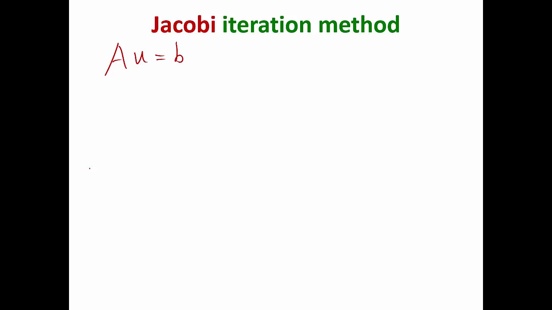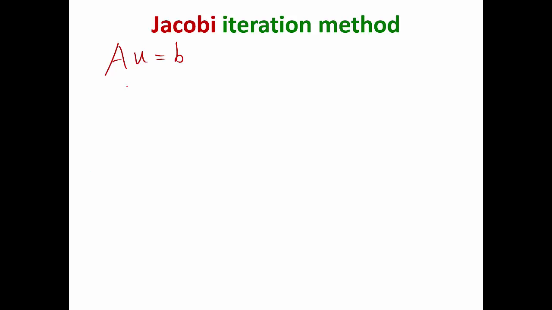All right. So what is the idea behind iterative methods? I'm going to illustrate the idea using the Jacobi iteration method. The idea comes from this. An extreme case of a sparse matrix is a diagonal matrix, right?